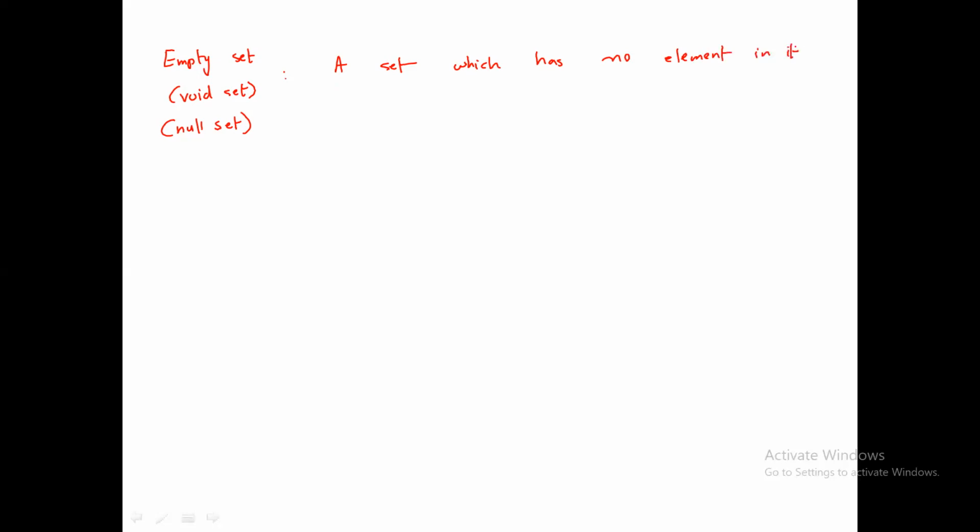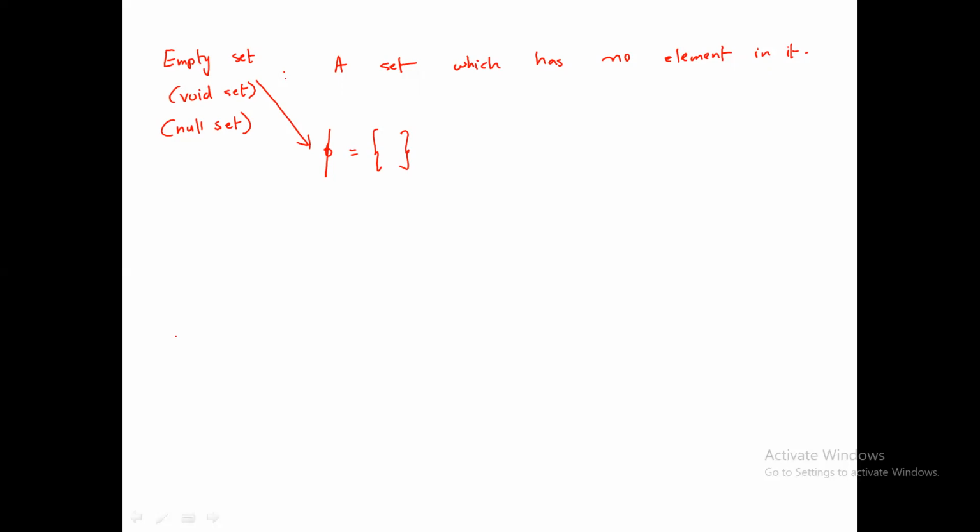Such a set is called null set, void set, empty set. Usually, you denote the empty set by phi. That means phi is nothing but this set. You must not get confused.